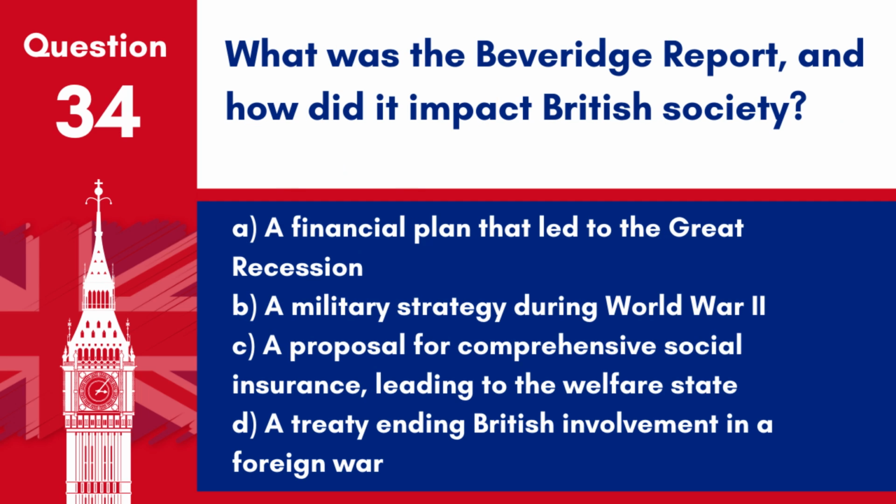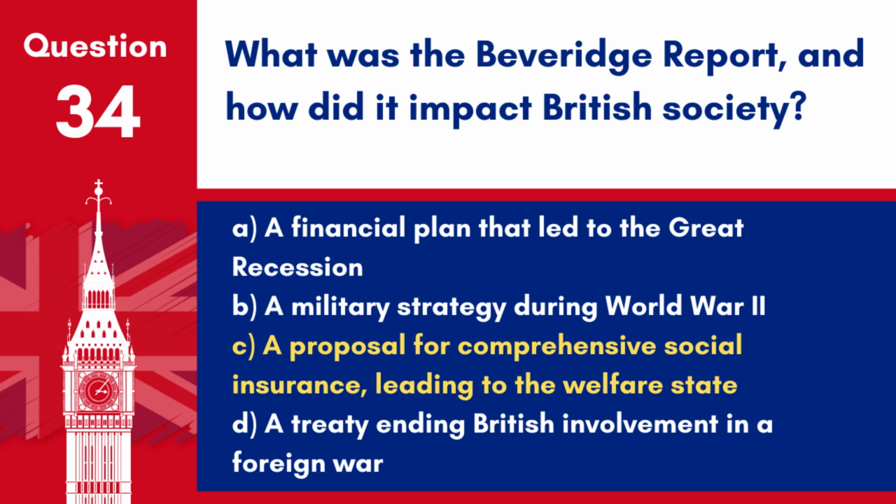Question 34. What was the Beveridge Report, and how did it impact British society? A. A financial plan that led to the Great Recession. B. A military strategy during World War II. C. A proposal for comprehensive social insurance, leading to the welfare state. D. A treaty ending British involvement in a foreign war.